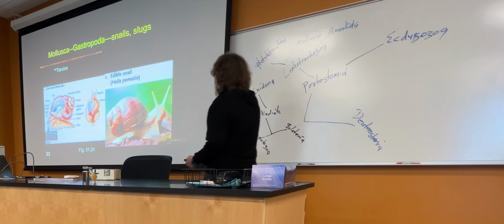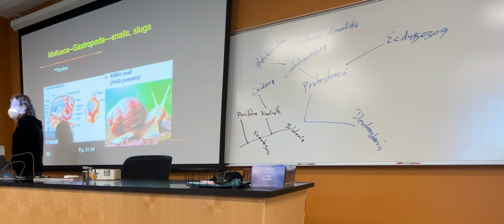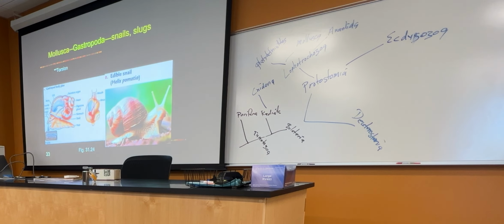The only difference between a snail and a slug is that slugs are just snails that no longer produce a shell. So they have lost shells independently multiple times. All slugs are not evolutionarily related to each other, but all snails and slugs together constitute a monophyletic group.